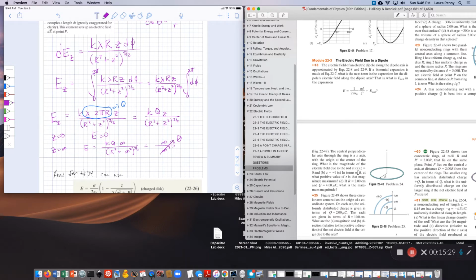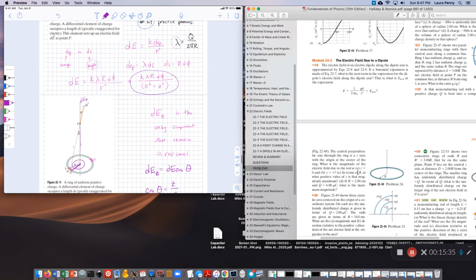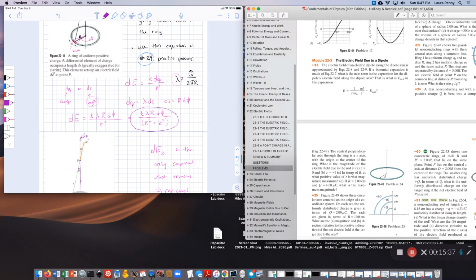For part C, in number 24, it says, in terms of R, at what positive value of Z is that magnitude a maximum? So in order to determine the maximum, you need to take the derivative of the electric field, right?